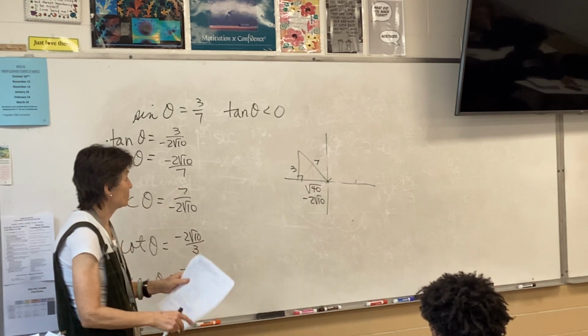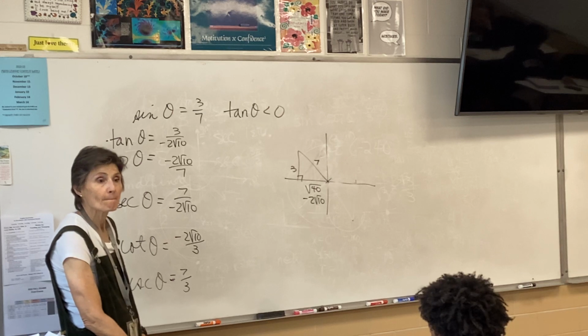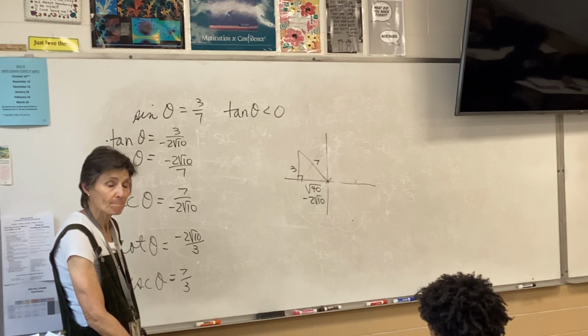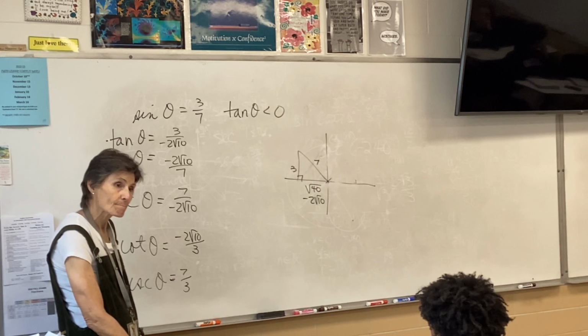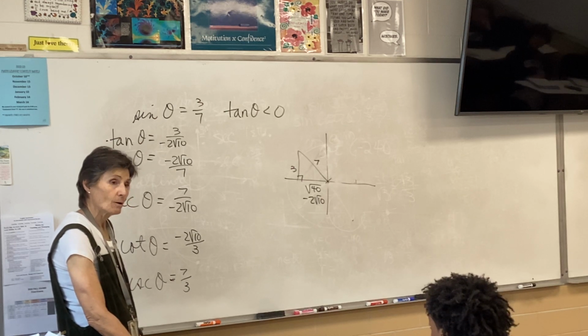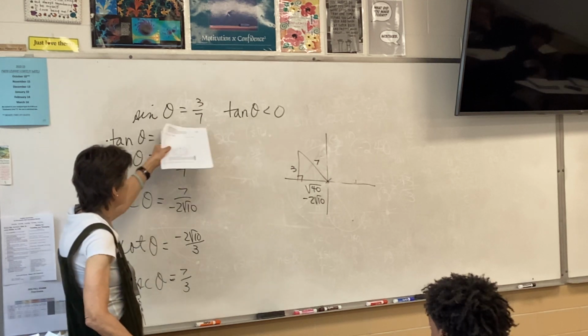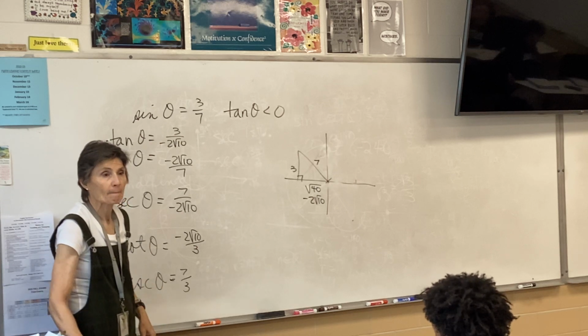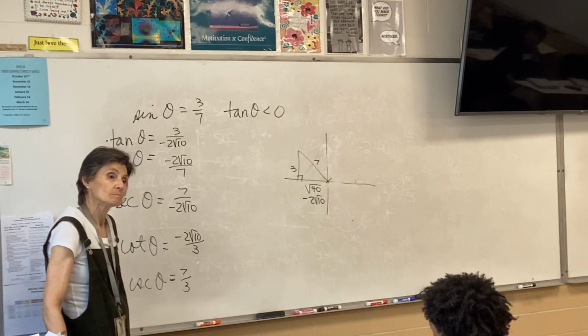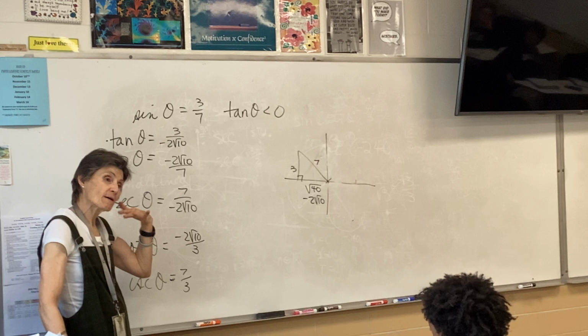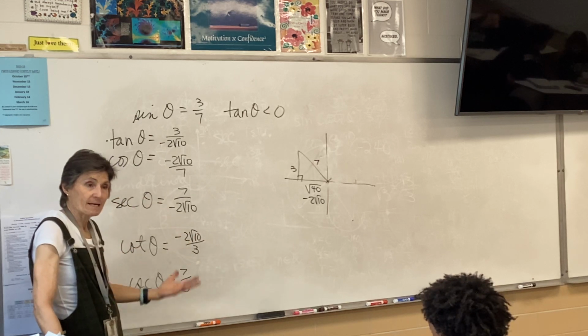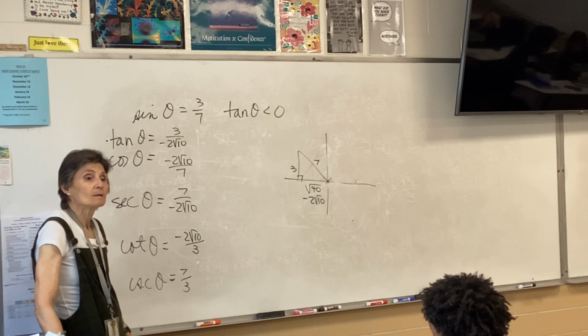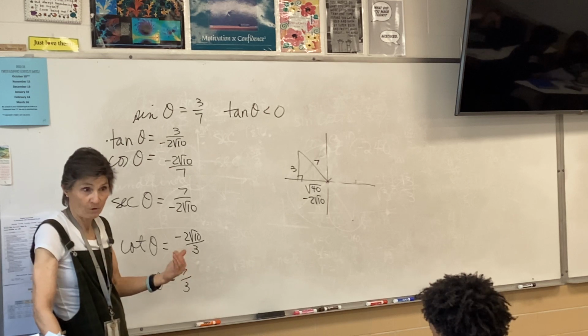That is awesome. Sorry, I missed that part. How did you figure out that it was in that quadrant out of the four? Okay, what did you think about? This is what we were given right here. So think of your definitions. Sine is opposite over hypotenuse, or y over r.